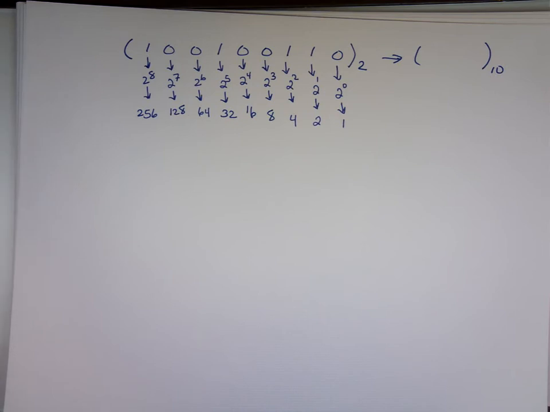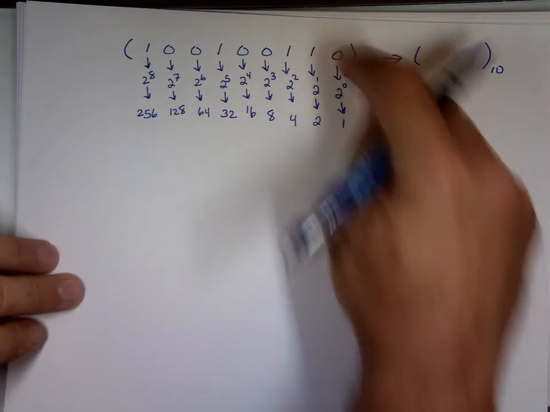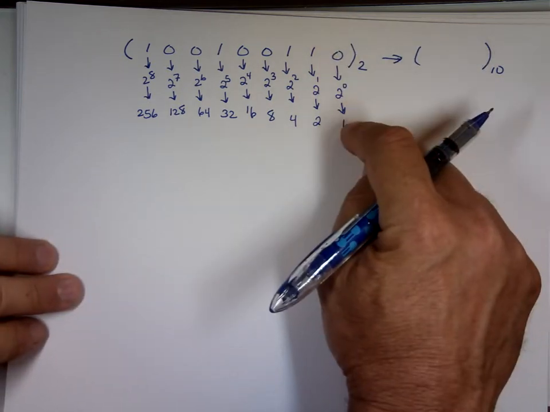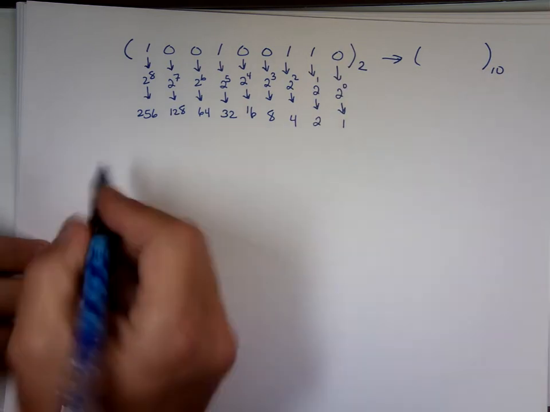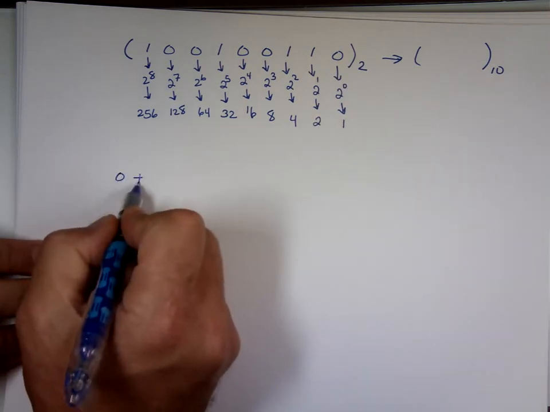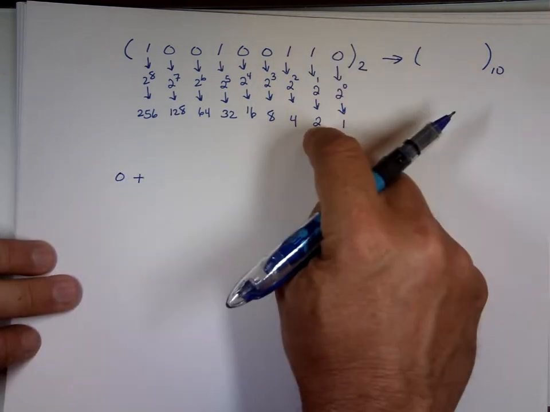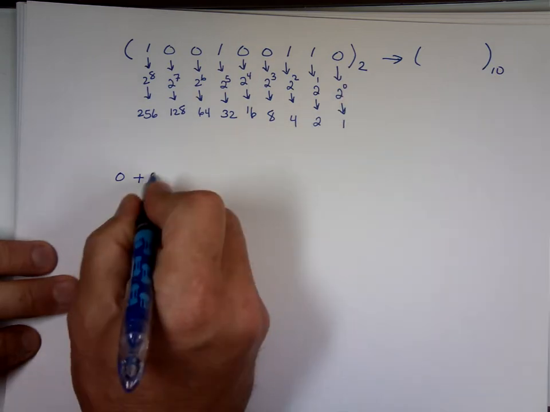Let's see what that number is. What is 0 times 1? 0. Plus, what's 1 times 2? 2.